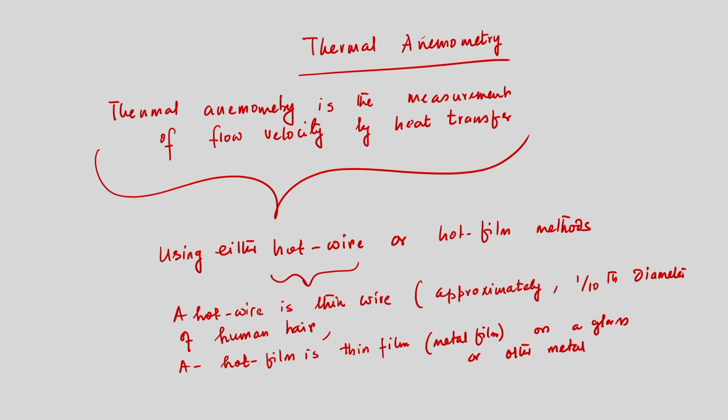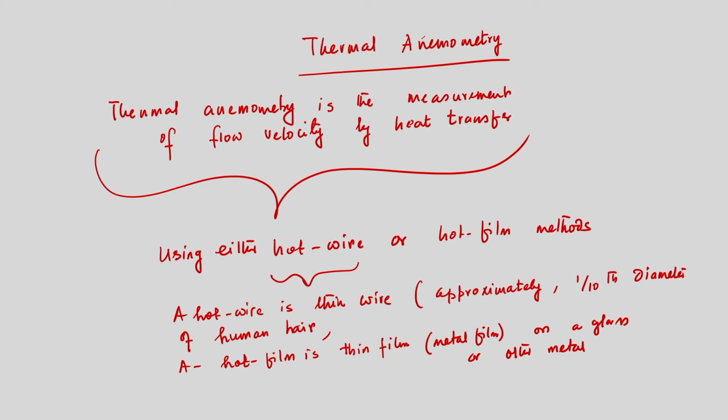This hot wire is a thin wire approximately 1/10 the diameter of a human hair, and a hot film is a thin metal film on a glass substrate or any other material. These elements are electrically heated and placed in a flow field, and as I said, because of the very low thermal mass of the hot wire, they adjust instantaneously with a change in flow velocity.